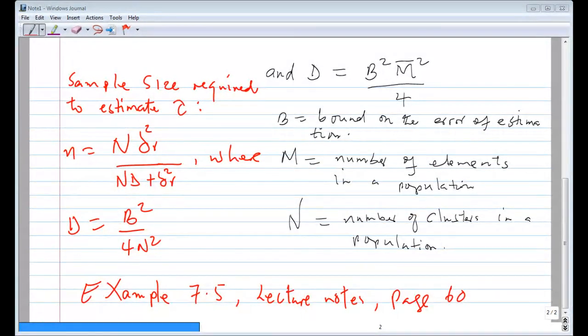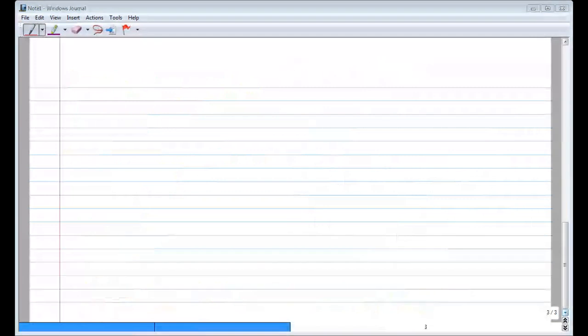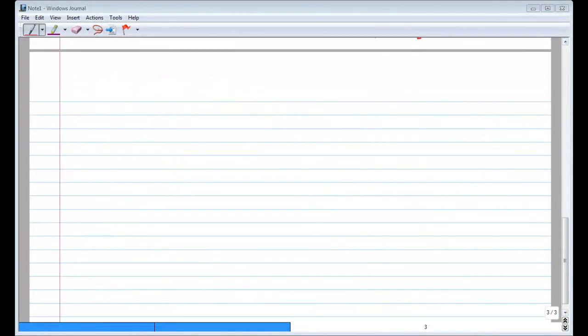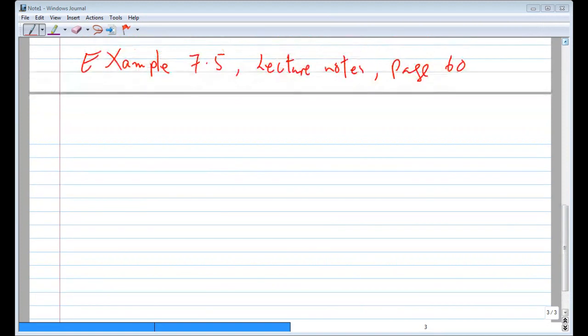It says, suppose the data in table 7.2 on page 58 represent a preliminary sample of incomes in the city.